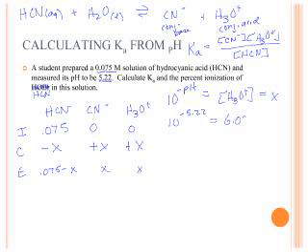That's our value for X. Now, how does X compare to the initial concentration of hydrocyanic acid? It's way, way smaller, right?